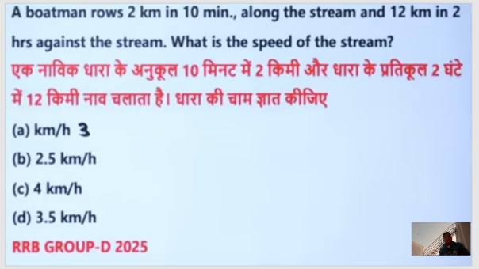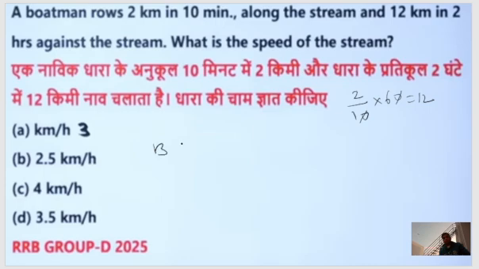The next question is, a boatman rowed 2 km in 10 minutes along the stream. It means the downstream is given: 2 km in 10 minutes. We convert the minutes into hours, so we multiply by 60, and 6 twos are 12.